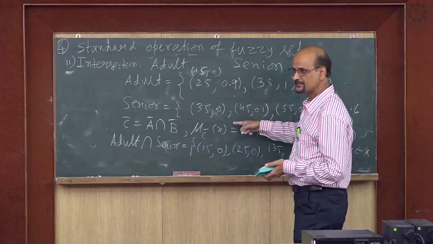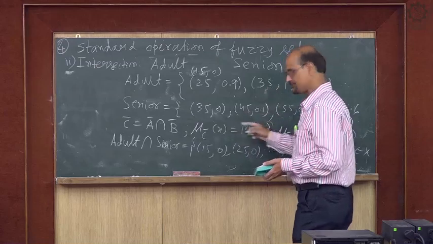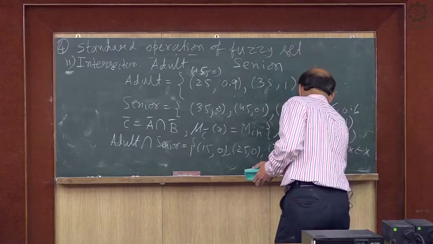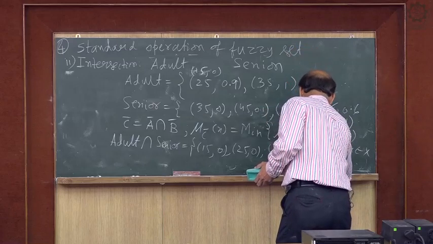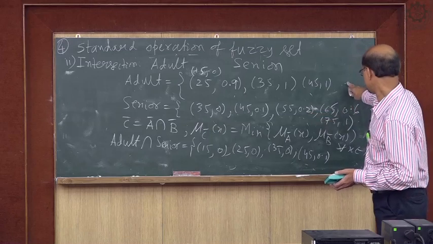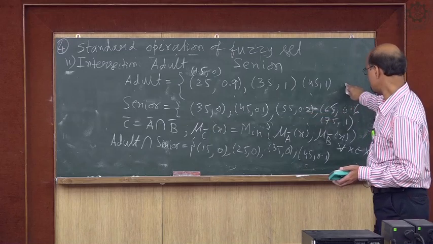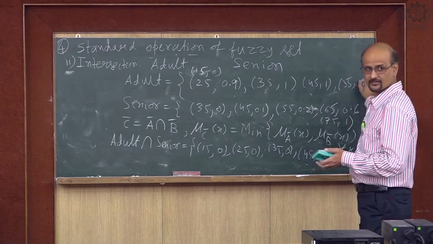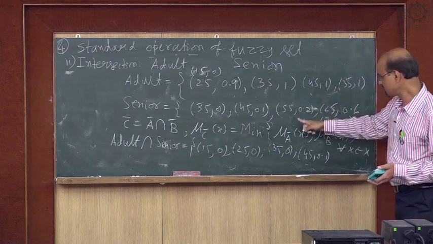So, I have to take 0, minimum of that membership, 35 0, 45.1, 55, because here 55 was 1. So, it will be 55.2.